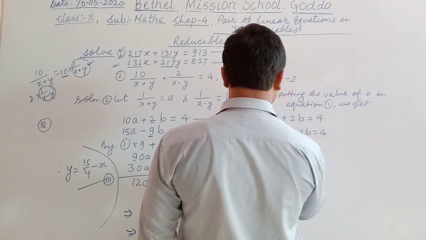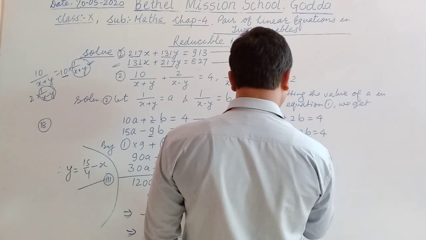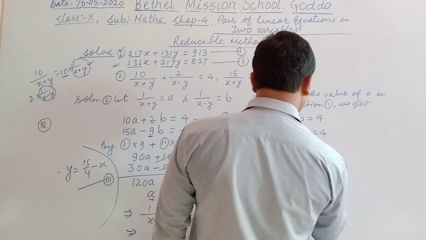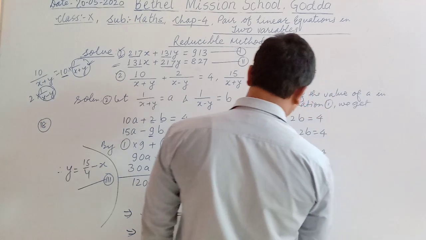Cancelling, we get 8 upon 3 plus 2b equal to 4.